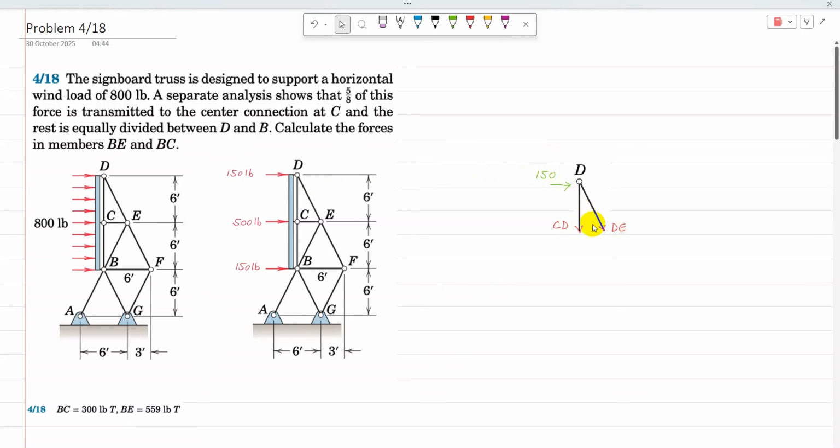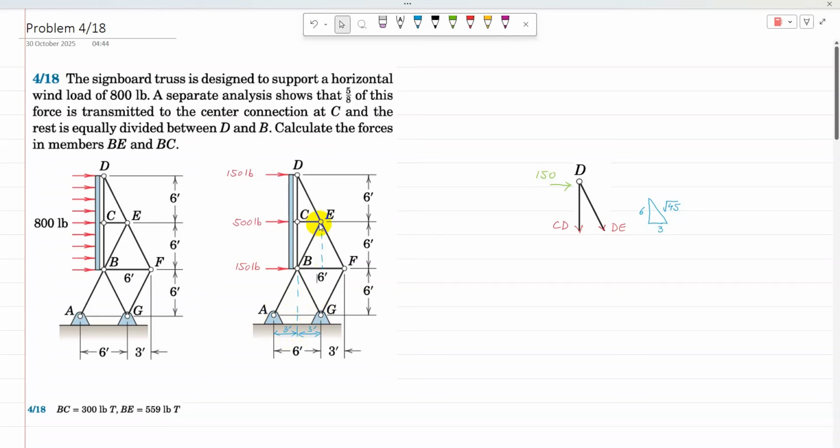Now DE is an inclined member and needs to be resolved into its components, and for that I need either a right triangle or the angle DE makes with the horizontal or vertical. All vertical sides are 6 foot, and ABG is an equilateral triangle. If I draw a perpendicular from B to AG, it divides AG into two halves, 3 foot and 3 foot.